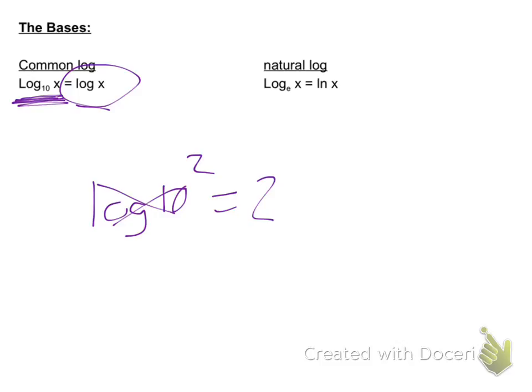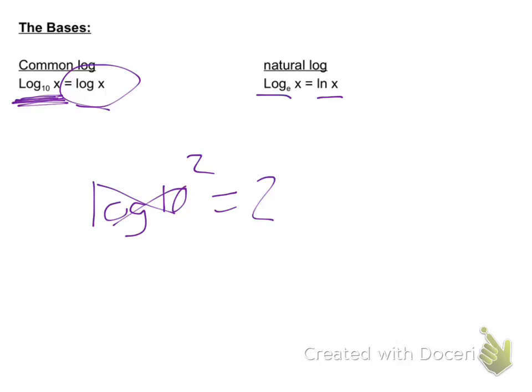Natural log, guys. Well, just like pi is a natural occurring number, so is e. We use it quite often in math. And so they're like, hey, sometimes we have log base e. And nobody wants to write log base e all the time, just like we don't want to write log base 10. So they said, hey, we're going to change it. And so instead of writing log base e, I'm just going to write ln.